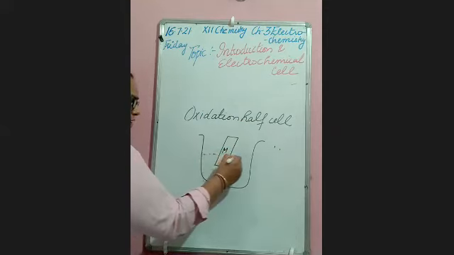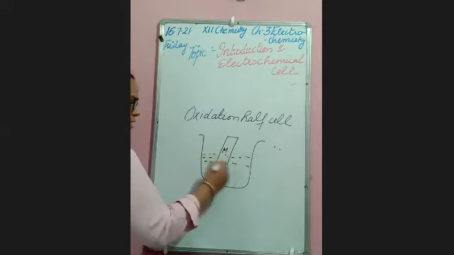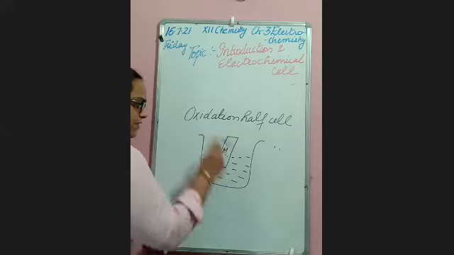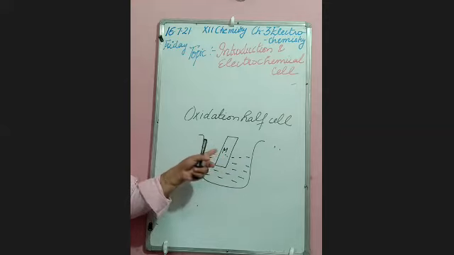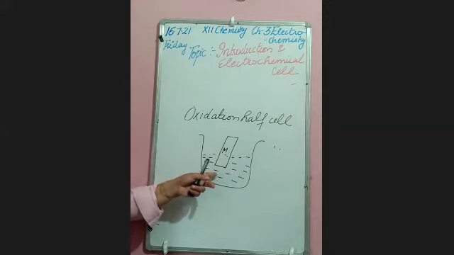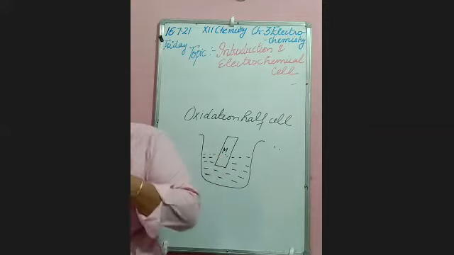It has to be dipped in an electrolytic solution of the same metal. Like if I am taking copper, then it should be placed in copper nitrate or copper sulfate, which means the electrolytic solution should contain that metal in its formula. This metal M must be present in its electrolytic solution.